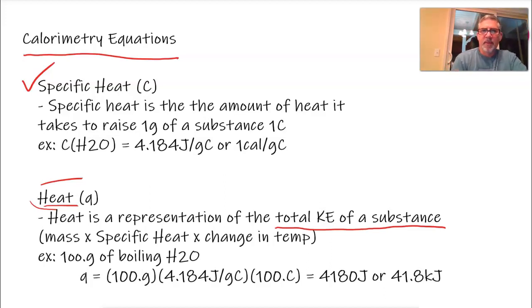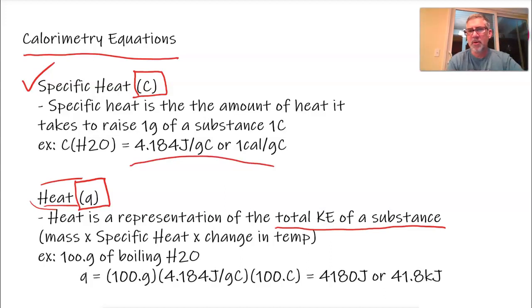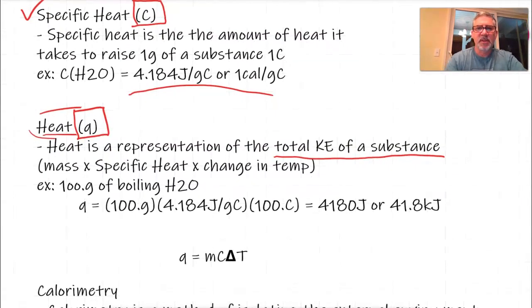Specific heat is symbolized by C, where heat is Q. The specific heat of water is 4.184 joules per gram degree Celsius, or simply 1 calorie. These are things that you'll have to write down and remember because we'll use them over and over again.